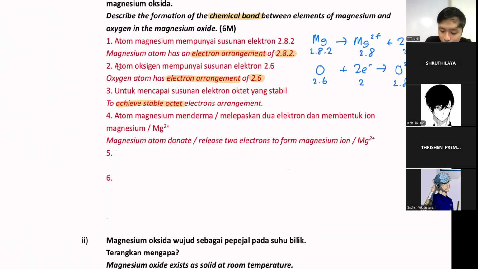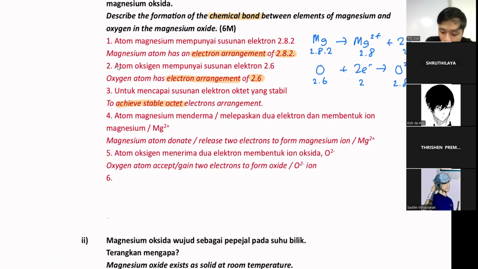So you talk about four and fifth first. Talk about atom, magnesium atom. You know the points, but sometimes you miss some words like magnesium atom, because your school teacher is very strict at this.